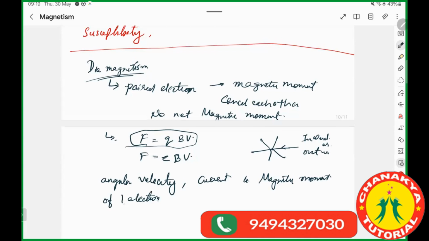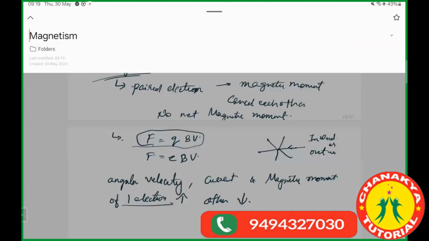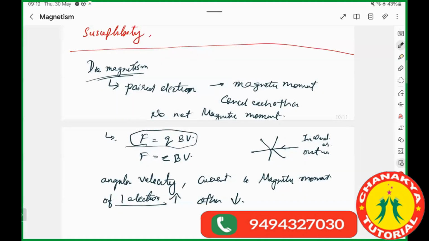So in short, for one electron it increases, for another it decreases. Overall they get balanced. So that is the reason there is no net magnetic moment.